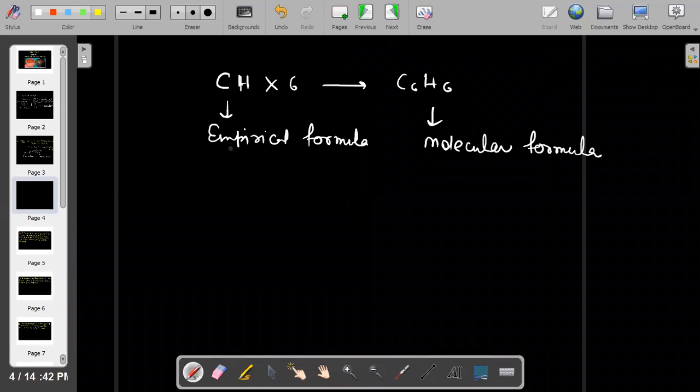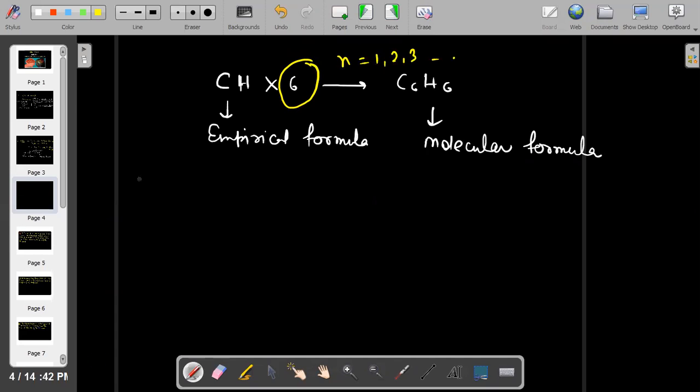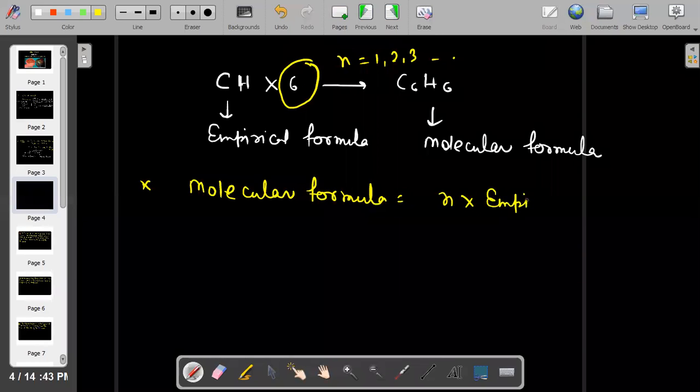Look at this, this is the empirical formula, this is the molecular formula. This 6 is what? We know this 6 is N. N means, as I told you, 1, 2, 3. So in the numerical, if anyone asks you what is the relation between molecular formula and empirical formula, you will say molecular formula is equal to N multiply empirical formula.